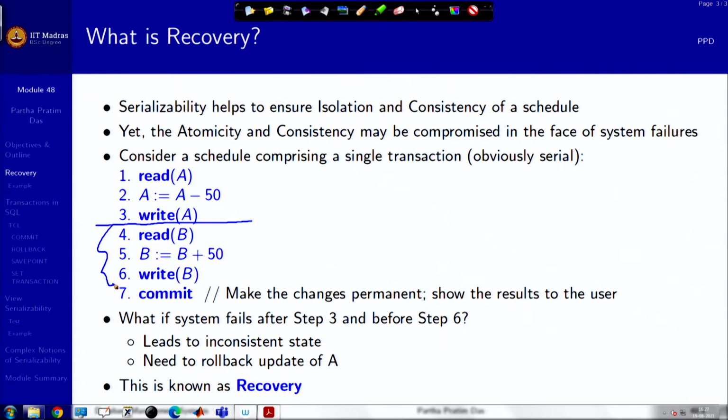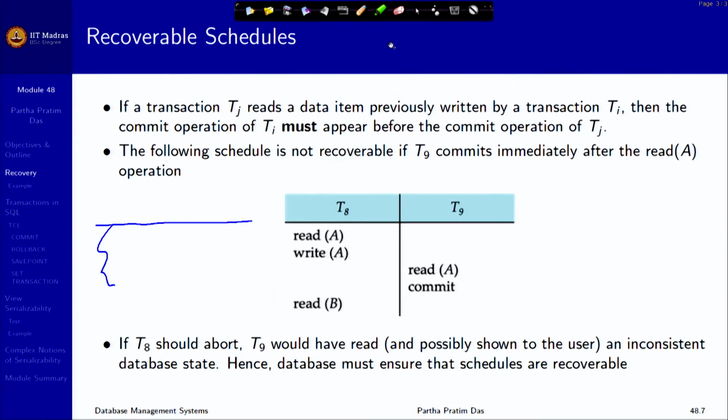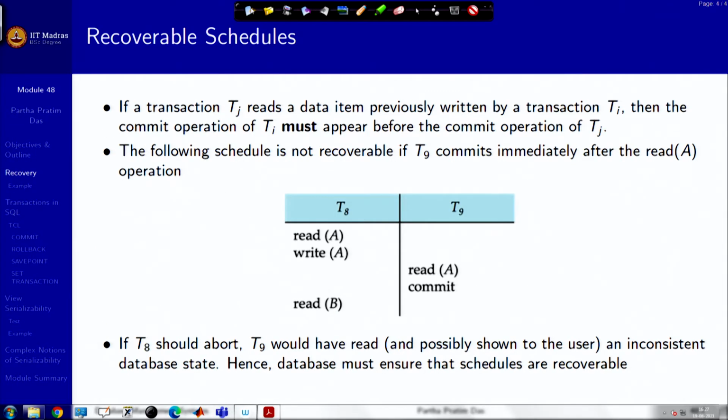This will certainly lead to an inconsistent state, because A has already been changed. So, we need to roll back the changes in A, so that we can reach the earlier consistent state. This is known as the recovery problem.